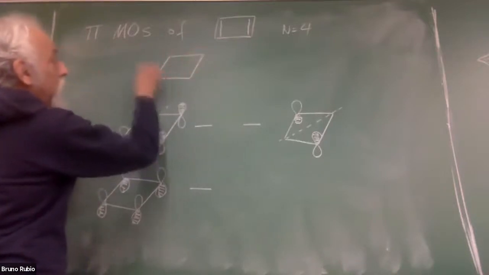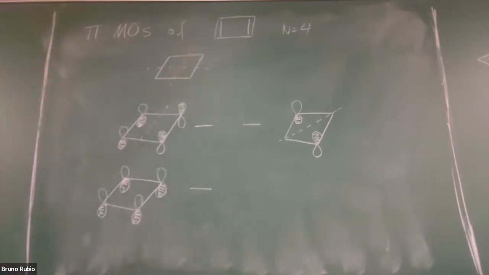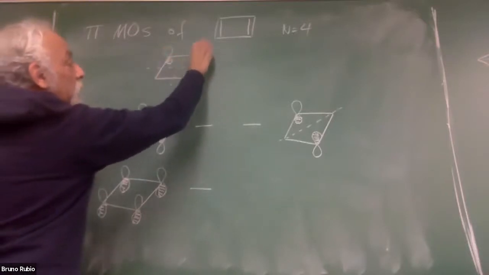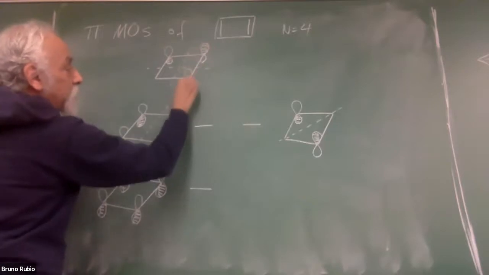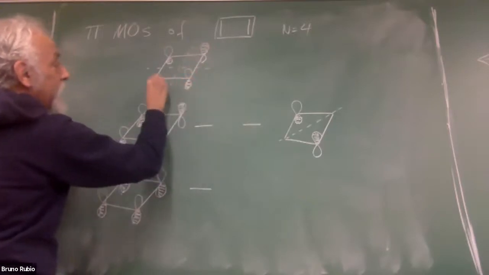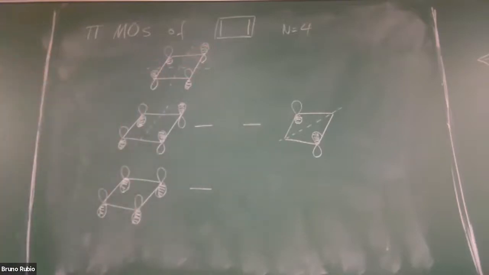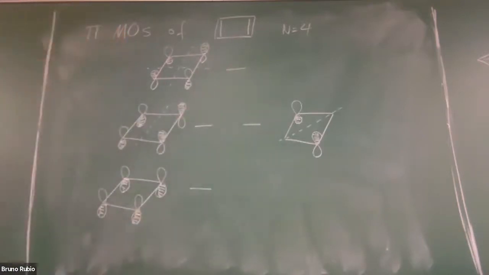I need 2 dotted lines symmetrically disposed. There they are. And so this is going to be positive up here. Flip the phasing. Flip the phasing once again. And flip the phasing once again like that. So that's the highest energy molecular orbital, and that's going to have 2 internuclear nodes. That's higher.